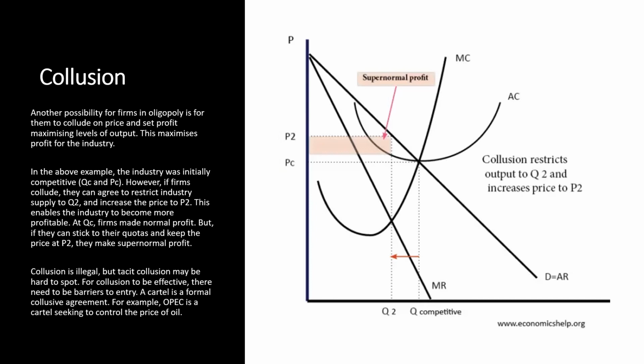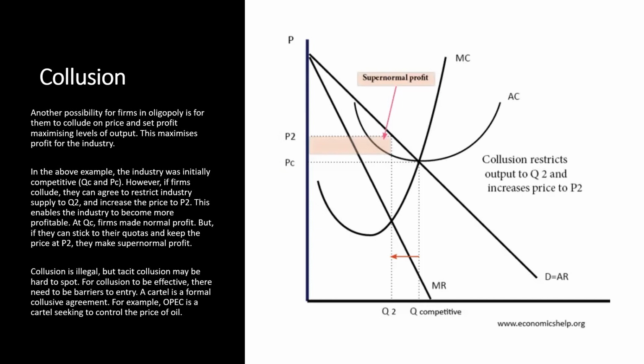However, if firms agree to collude, then it becomes very interesting, because instead of producing at that point where marginal cost crosses or meets marginal revenue, they can actually go to a higher price.